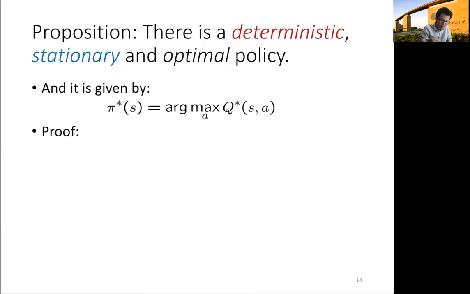Okay, first of all, given that we know that there is an optimal policy that is stationary, let's say pi star is stationary.